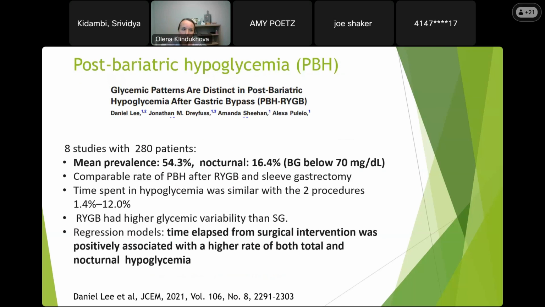Again, a significant nocturnal hypoglycemic pattern was reported in this meta-analysis, and the authors of the study concluded that time elapsed from the surgical intervention is positively associated with higher risk of hypoglycemia. That is, the farther someone is from the surgery, the higher the risk of hypoglycemia, and again, not only daytime, but nighttime.